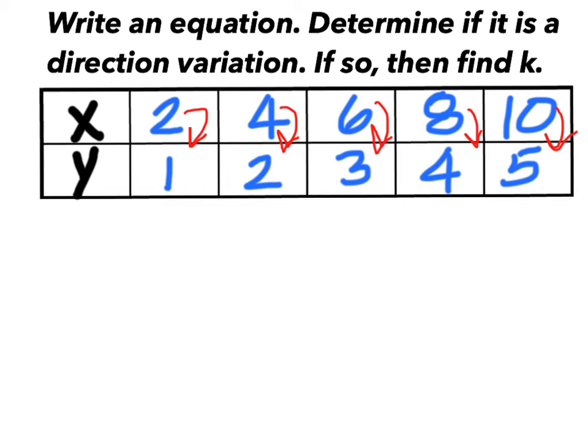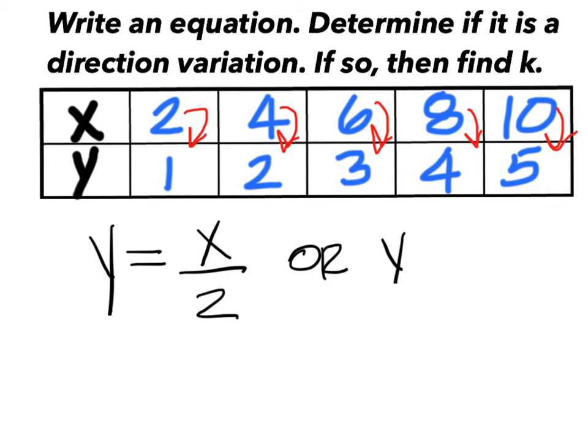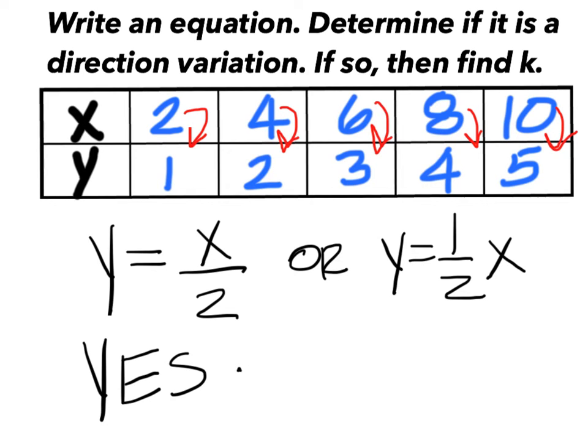Yeah, we're dividing by 2. So y equals x divided by 2. Or you can write it as y equals 1/2 x. Is that a direct variation? Yes. And what is k? One half.